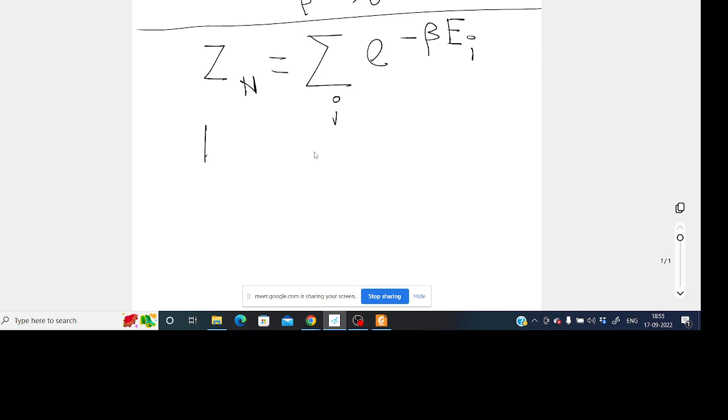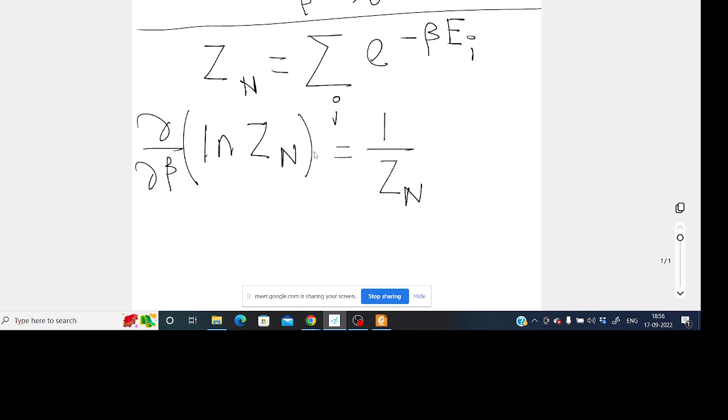Now let's calculate del beta of log Z. If you differentiate log Z, then you will get 1 by Z, and you will also get del Zn del beta.